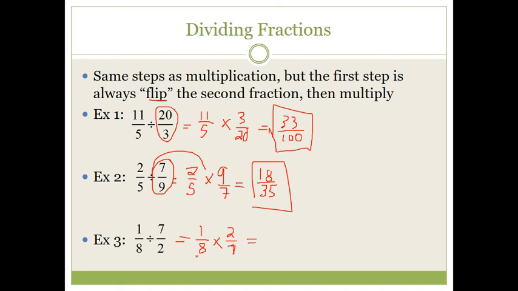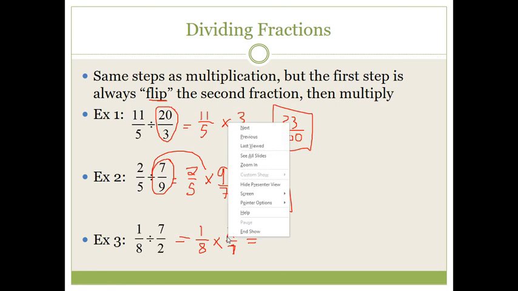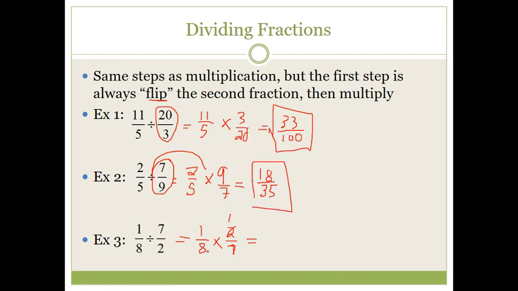In this case, if I want to cross cancel, I can because 2 and 8 have common factors. 2 will go into itself 1 time, and 2 will go into 8 4 times. Now we have that 1 times 1 is 1, and 4 times 7 is 28. And that, of course, can't be reduced any further, so that is our final answer.